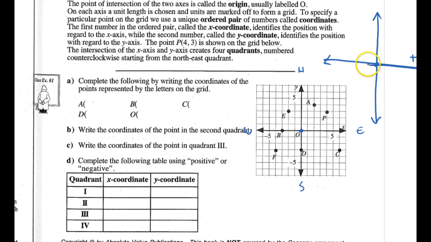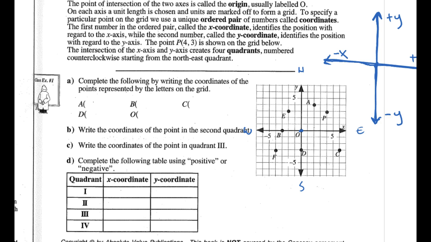If I start at the origin and go left or west, that's going in the negative x direction. If I go up or north, that would be going in the positive y direction, and going south would be the same as going in the negative y direction.